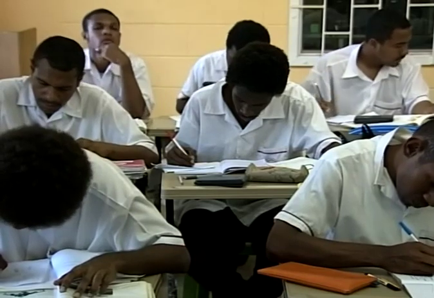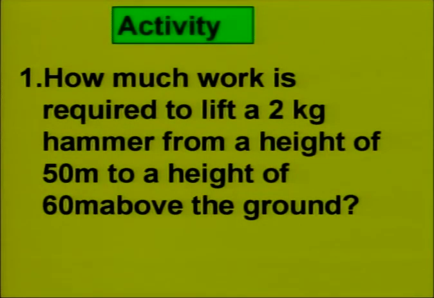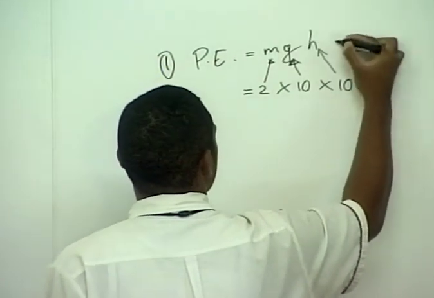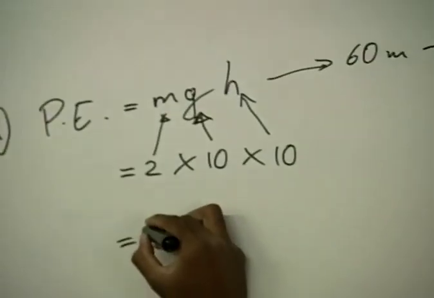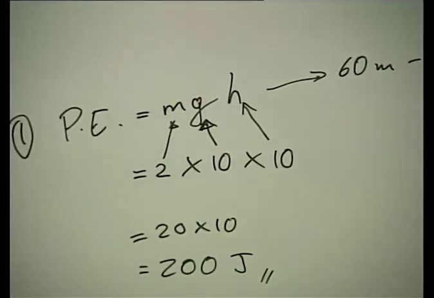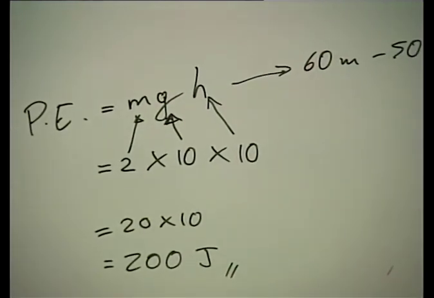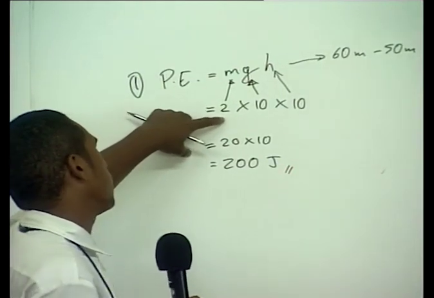Okay, clean this one first. Using the formula for potential energy, you get the 2 kilograms of the weight times 10.